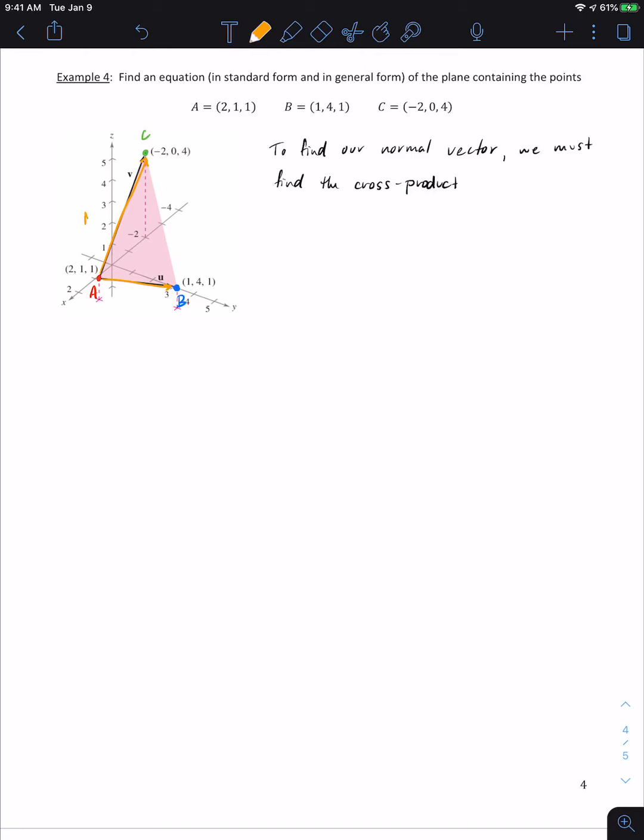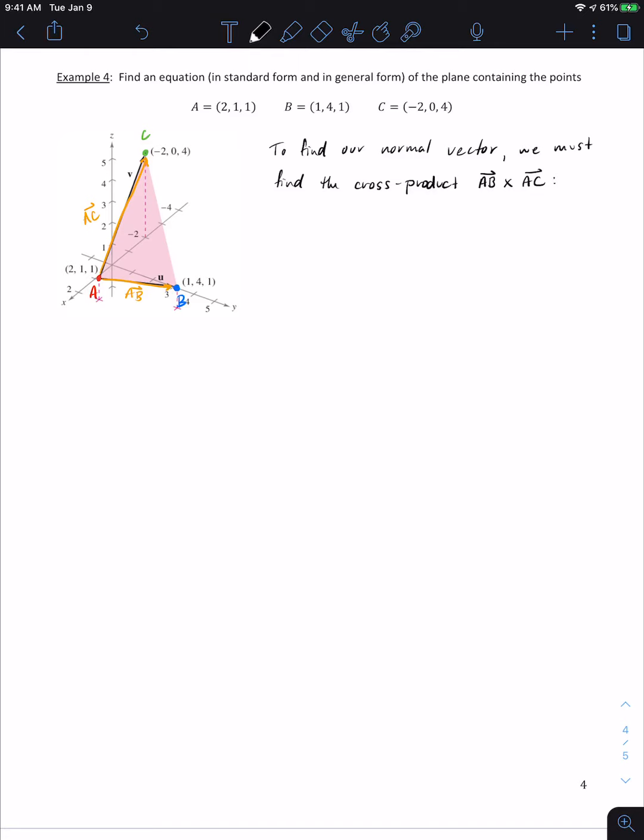So what is this vector? This is the vector AC, and this is the vector AB, right? So what I need to do here is find the cross product of the vector AB with the vector AC. And if I do that, I will get my normal vector.